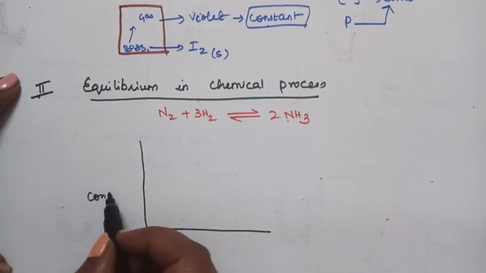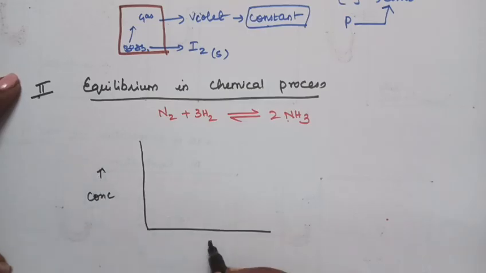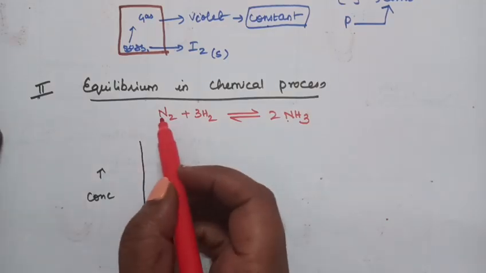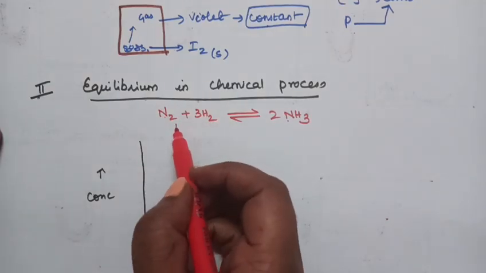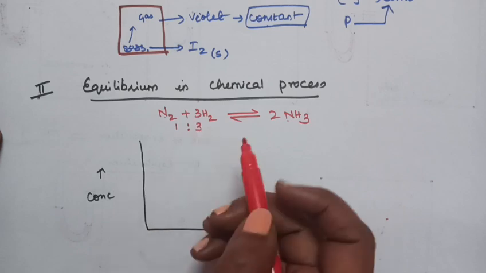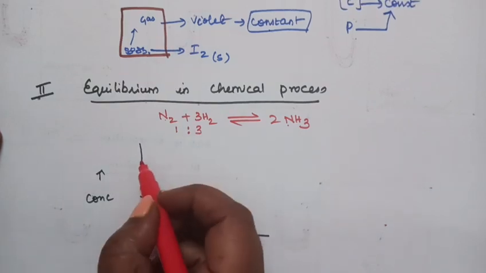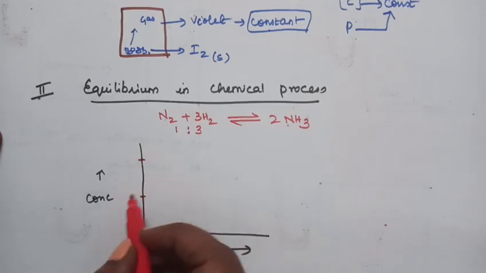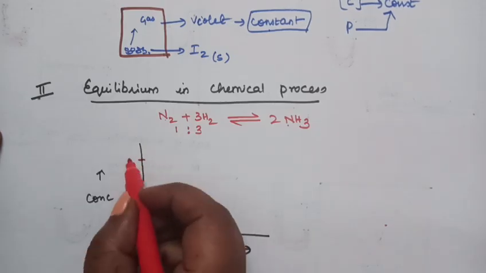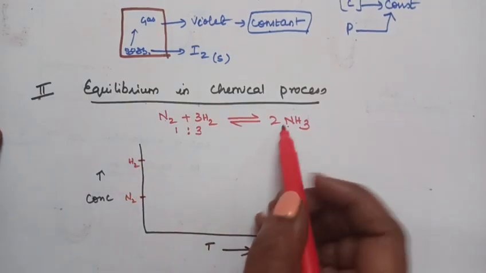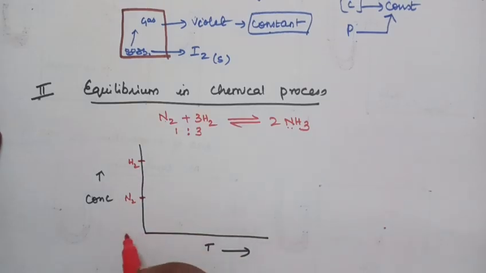take concentration on the y-axis and time on the x-axis. Now you can see nitrogen and hydrogen are in the ratio 1:3. So take nitrogen concentration, this is for nitrogen and this is for hydrogen. Initially the concentration of ammonia will be 0.